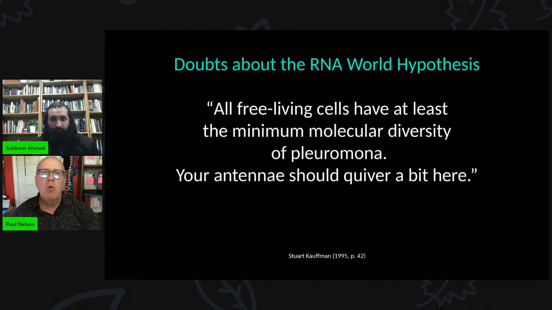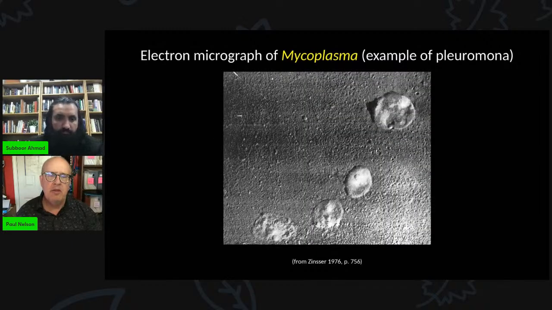Okay, what's his example of a minimal cell? The generic term is Pleuramona. The actual systematic term, the Linnaean genus, is Mycoplasma. So Mycoplasma is, I don't know if it's still the simplest free living cell.